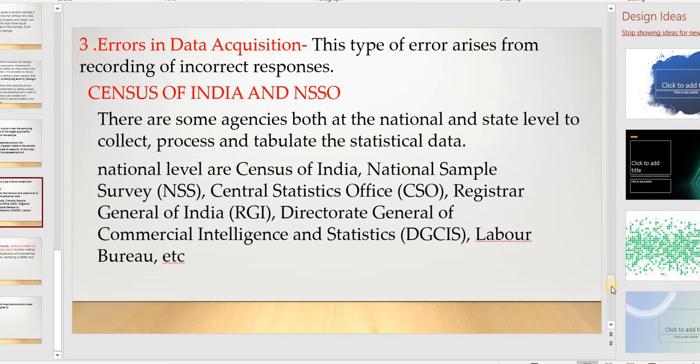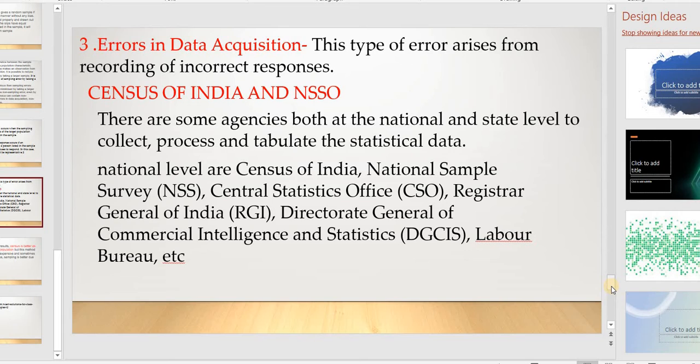There are some agencies both at national and state level to collect, process and tabulate the statistical data. The national level ones are Census of India, National Sample Survey NSS, Central Statistics Office CSO, Registrar General Office, Directorate General of Commercial Intelligence and Statistics DGCIS, then Labour Bureau.